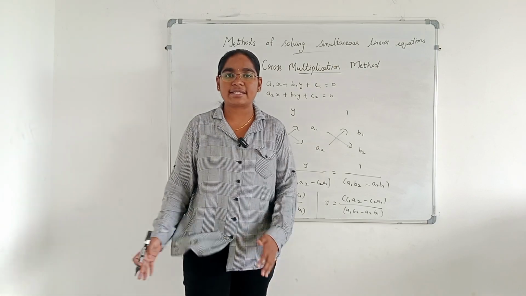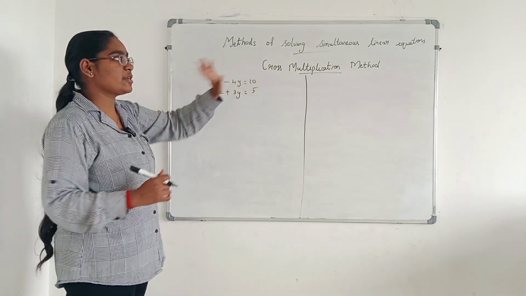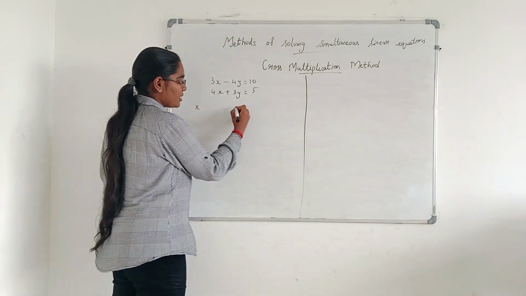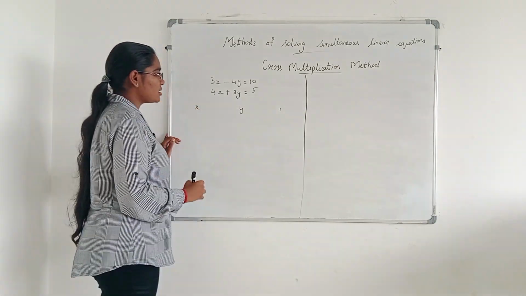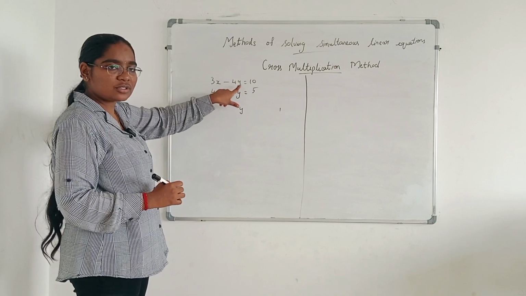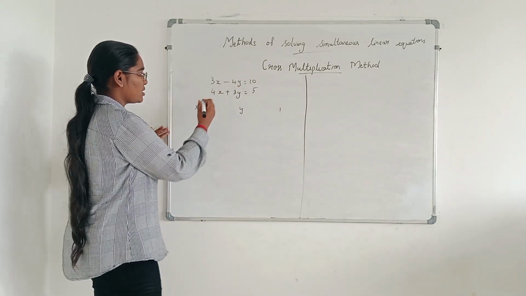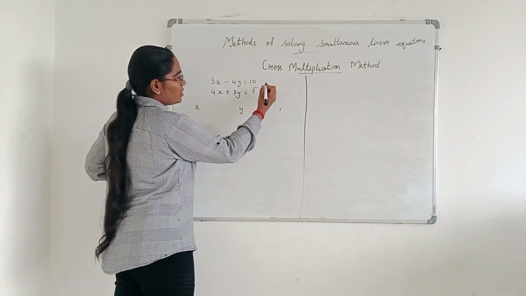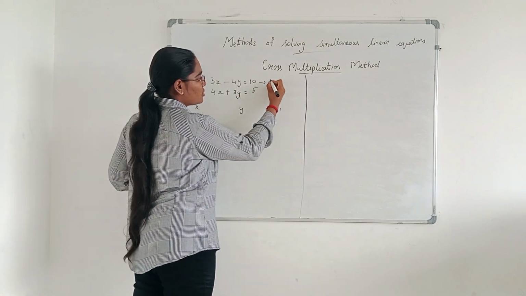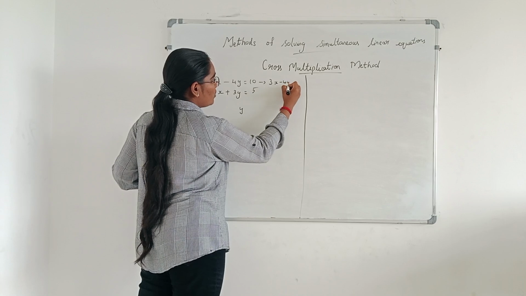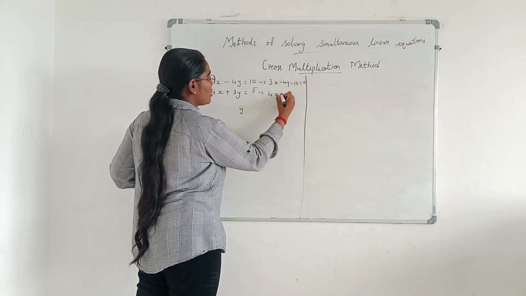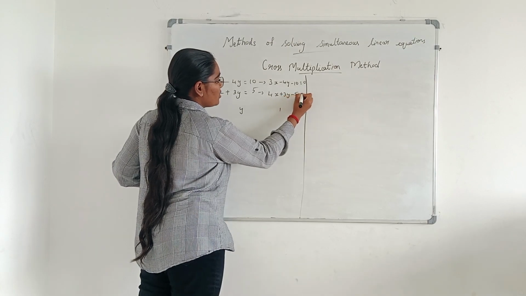Okay. Now let us see a problem and solve it by the cross multiplication method. So step number 1 is write like this: x, y, constant. The coefficients of the variable y are -4, 3. Constant, move to this side. Okay, so 3x minus 4y minus 10 equal to 0 and 4x plus 3y minus 5 equal to 0.